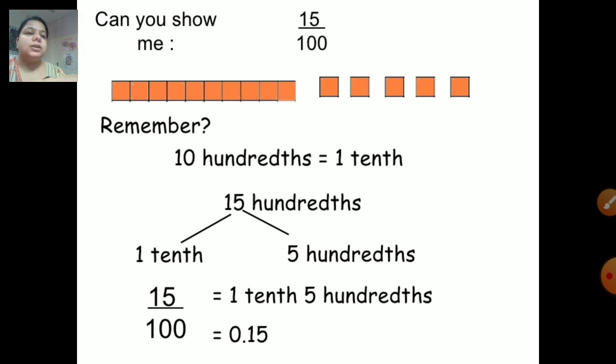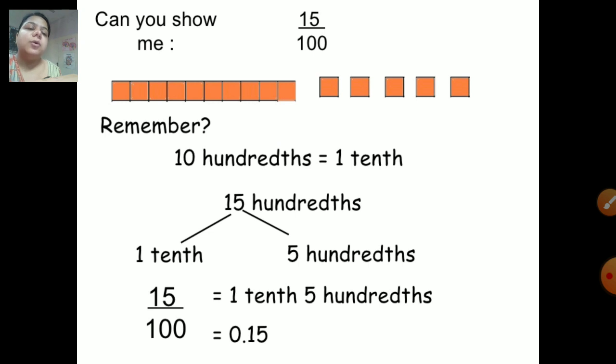Now 15 upon 100, what is this? This is 15 hundredths. So how can we show it? There will be 15 smallest squares, right? 10 small squares will make 1/10, as seen in the picture also, one small strip. 10 small squares make a tenth, as we have done earlier also, and there are 5 hundredths.